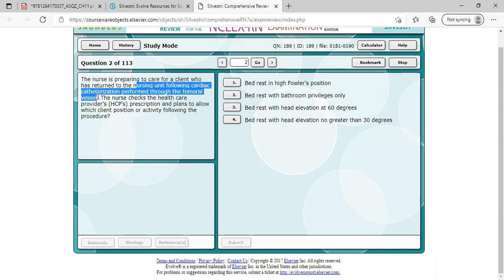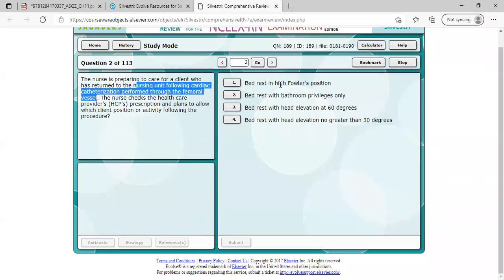This is the keyword. The nurse checks the healthcare provider's prescription and plan to allow which client position or activity following the procedure.